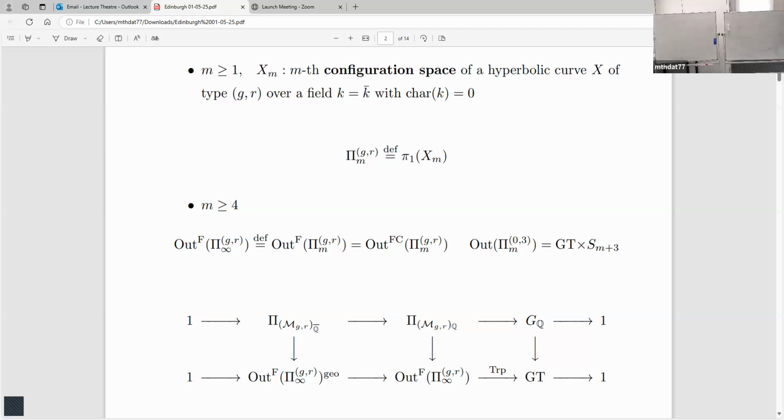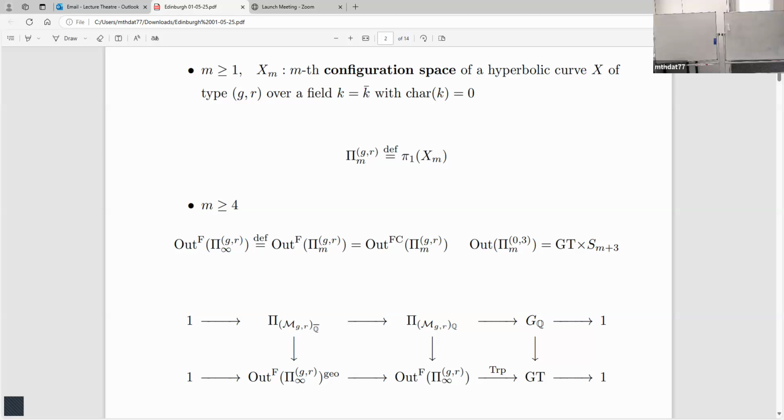This is a highly non-trivial result, and Mochizuki discussed this morning a little bit the history of this map. This map makes this square commutative, so one gets this commutative diagram. So out F pi GR infinity geometric is by definition the kernel of this tripod homomorphism. I want to emphasize again that this picture is new, because this tripod homomorphism is relatively new.